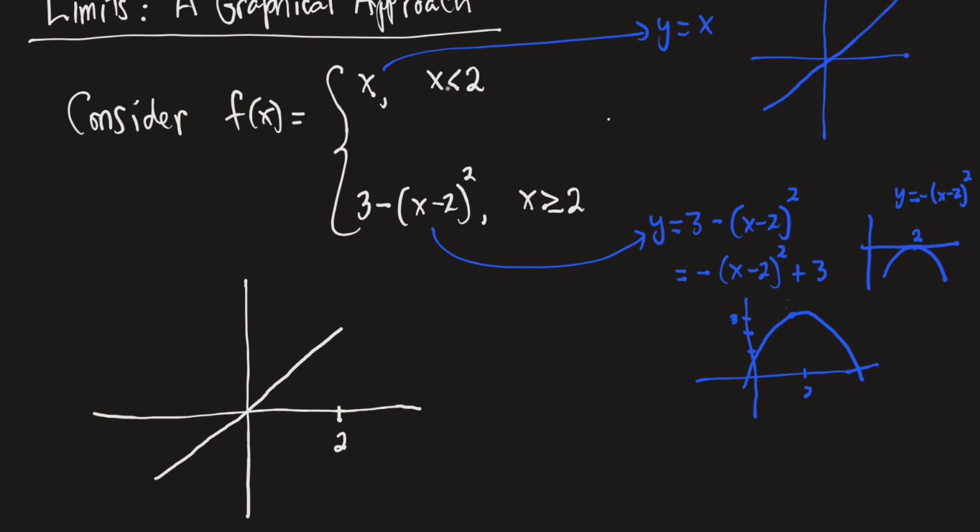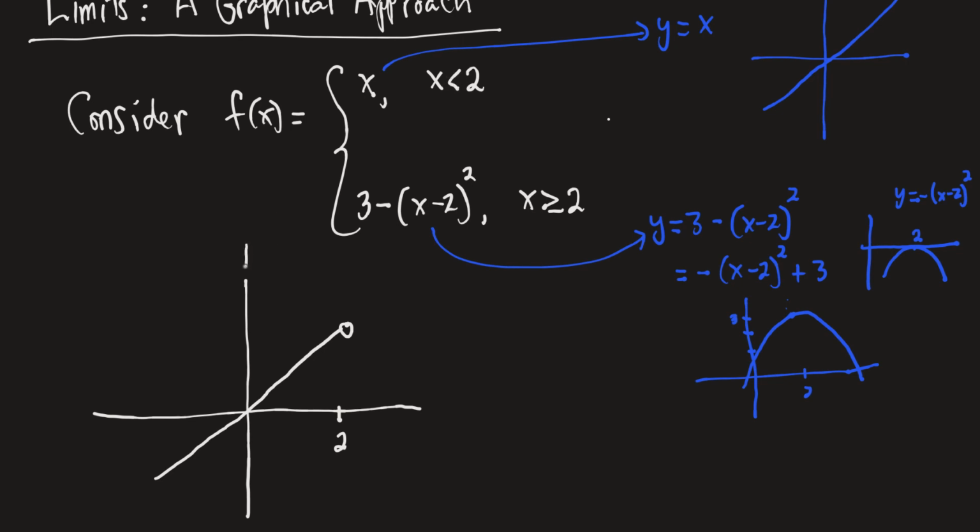And now, since the inequality is strict, in other words, the equal sign is not on the less than, it doesn't fill in right at 2. So there should be an open circle right there at x equals 2 because of this strict inequality, right?